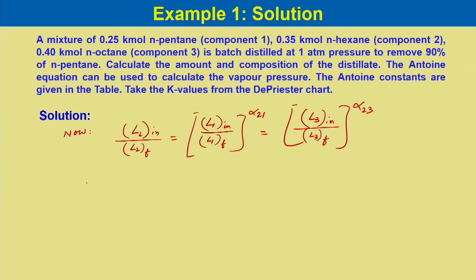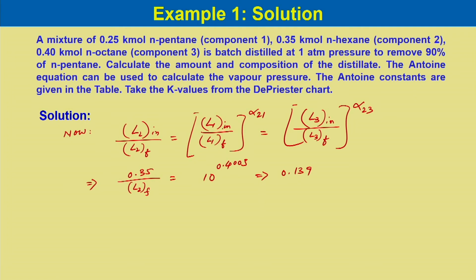Now, if we substitute the values, 0.35 by L2F would be equal to 10 to the power 0.4005, and from here we can obtain 0.139.